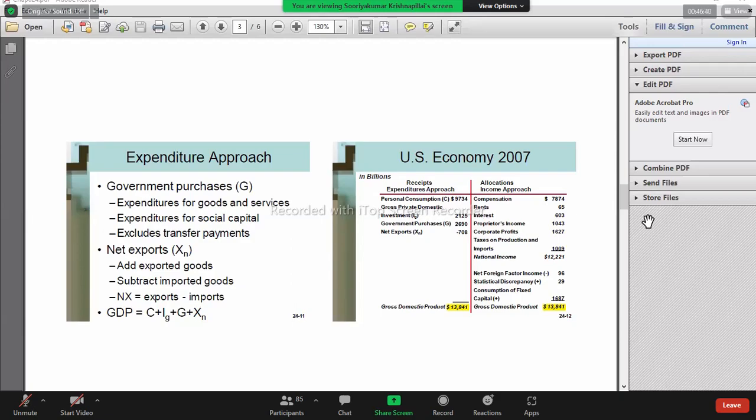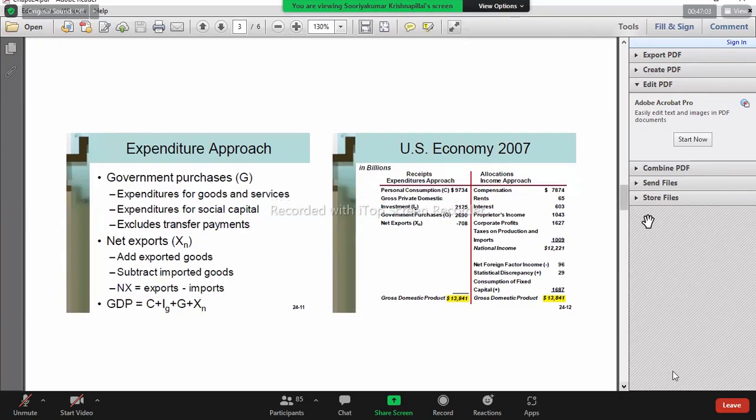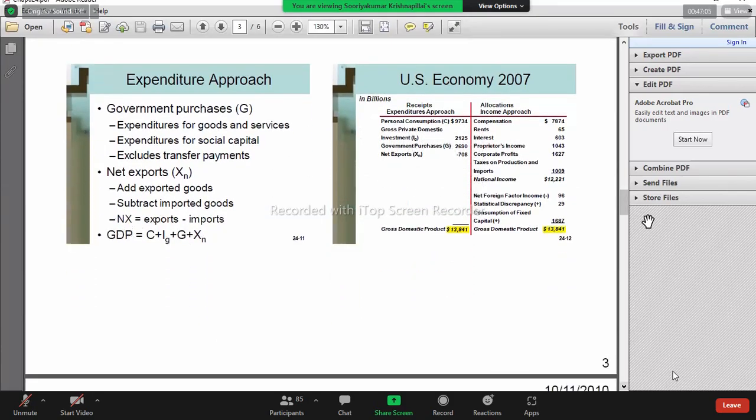Because in the expenditure approach, gross private domestic investment, we didn't include depreciation, we didn't subtract depreciation. So to balance, we had to include the consumption of fixed capital, that is depreciation, on the income approach side. So now the gross domestic product by the expenditure approach equals the gross domestic product by the income approach.